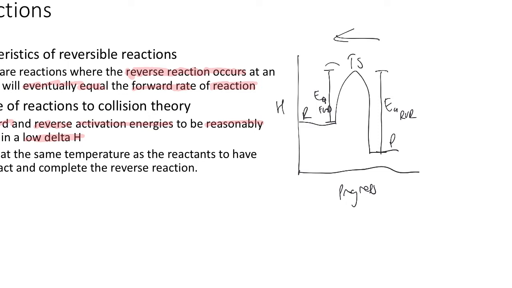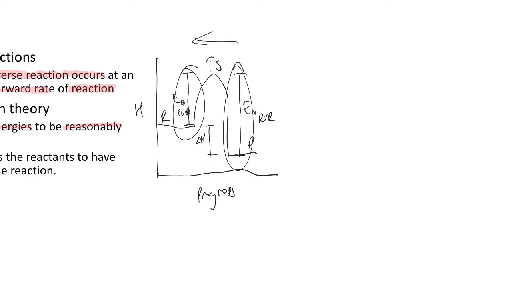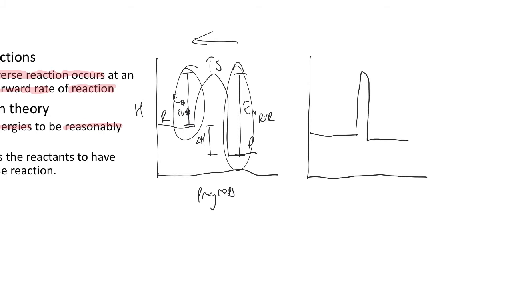Now those two here are not reasonably the same, which results in this delta H being a reasonable value. So when we say that they have to be reasonably the same, it has to look something a little bit more like this, where you have a very small delta H, but the activation energy of the forward and the activation energy of the reverse are roughly the same.